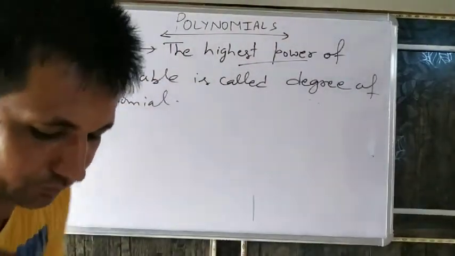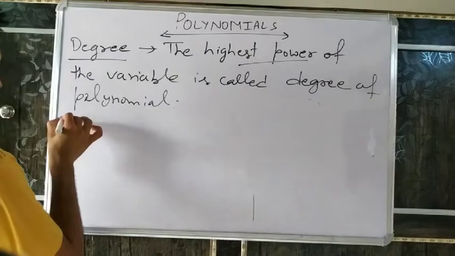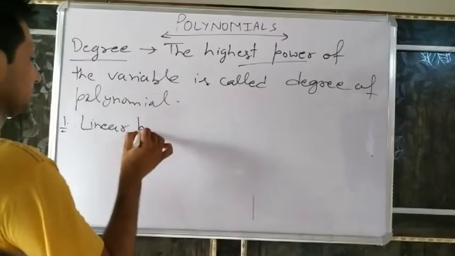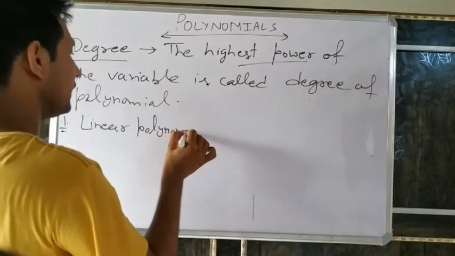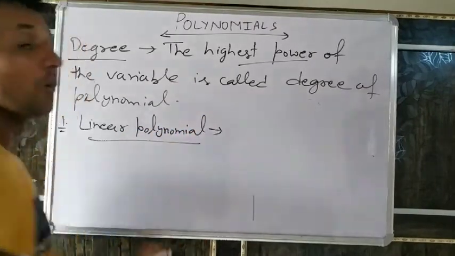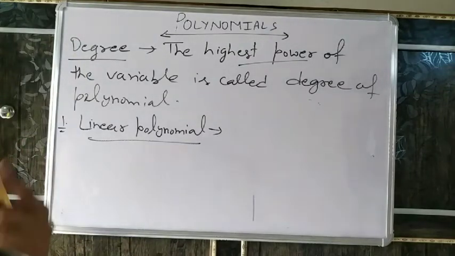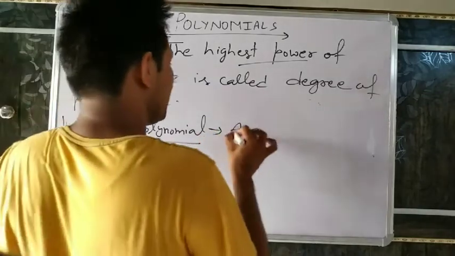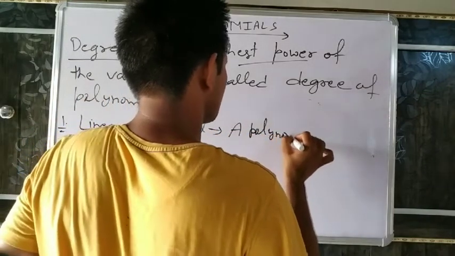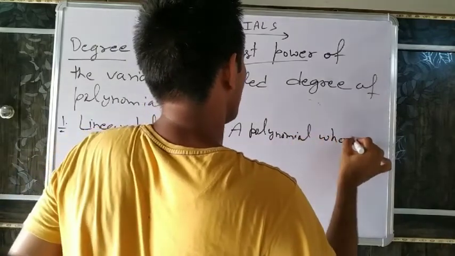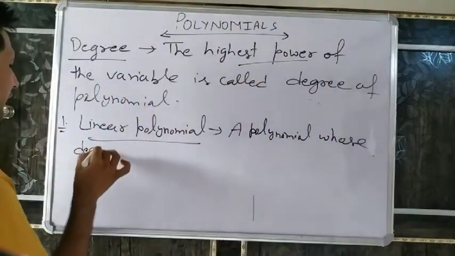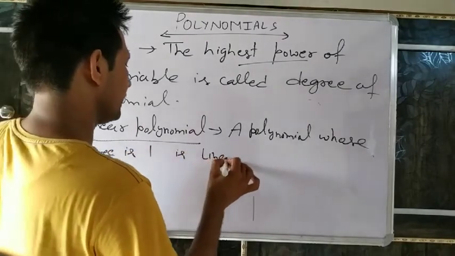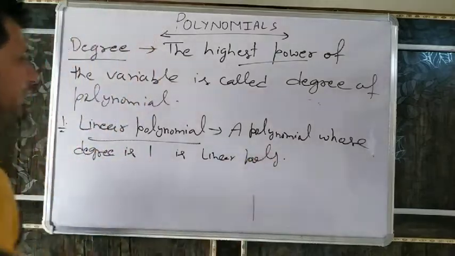So next, the linear polynomial. How will you find it? Look, monomial, how will you find it? Only one term. Here we will check the degree. A polynomial whose degree is 1 is a linear polynomial.